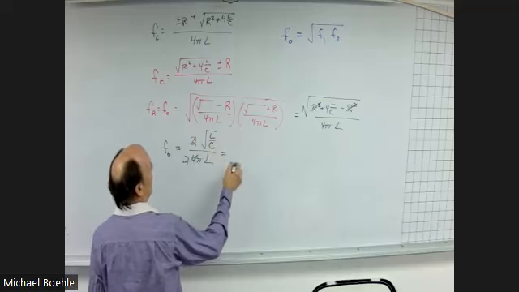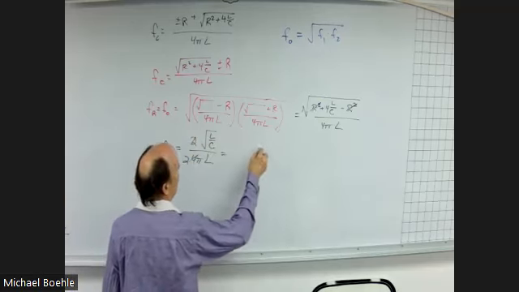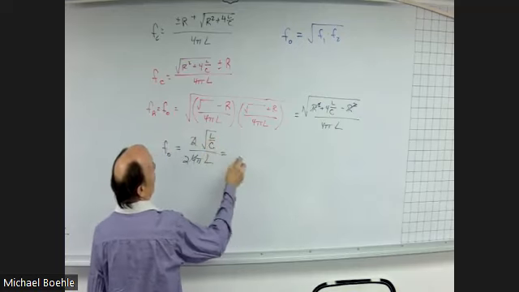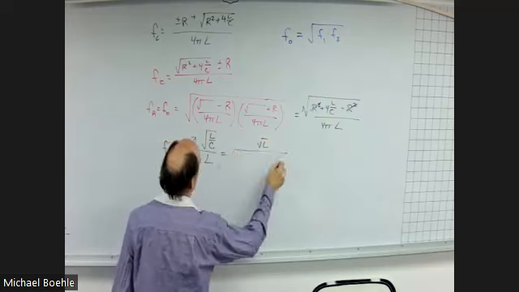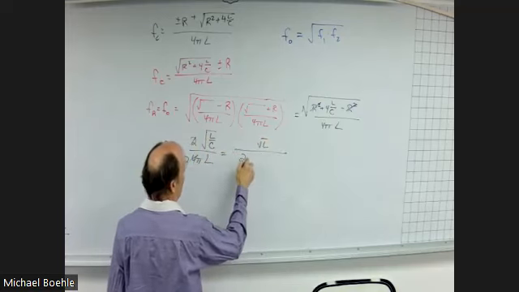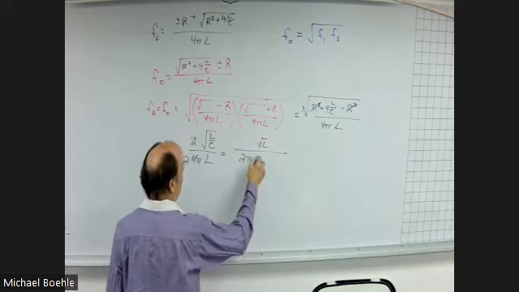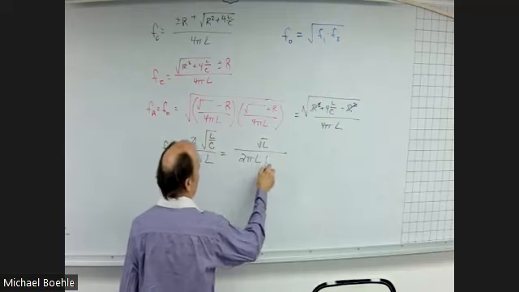I'm going to rewrite this as the square root of L divided by 2 pi L square root of C.